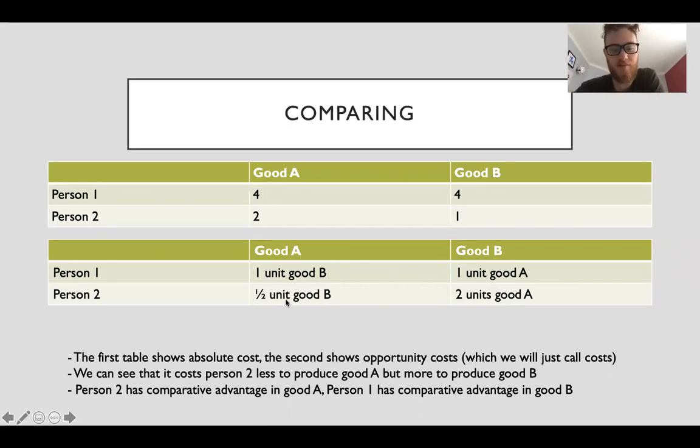Then for person two, you do 1 good B divided by the 2 good A's that you're producing in the hour, and you get half.